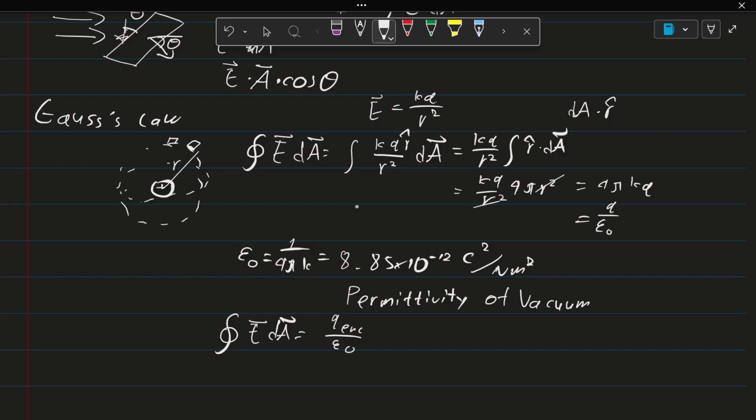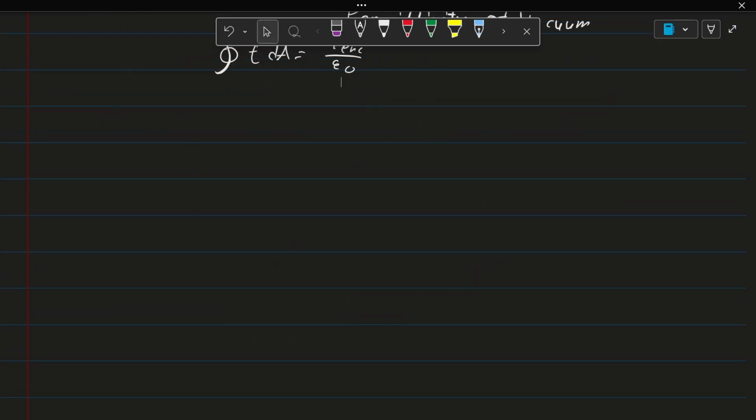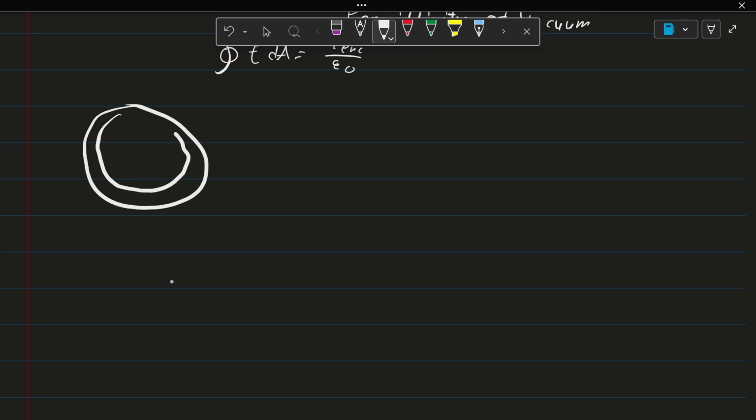So let's discuss certain ways for you to use Gauss's law. Let's first discuss if I have a spherical object, not metallic, but it has a uniform charge.